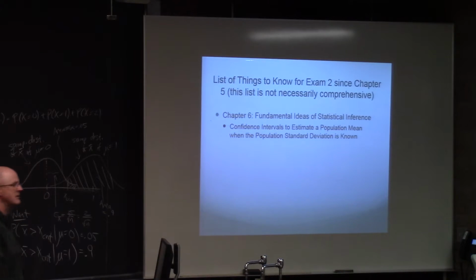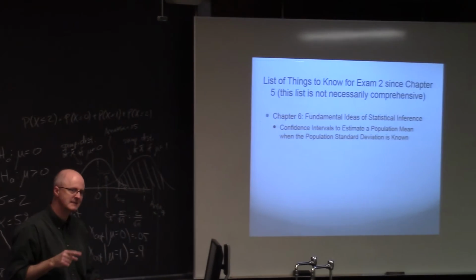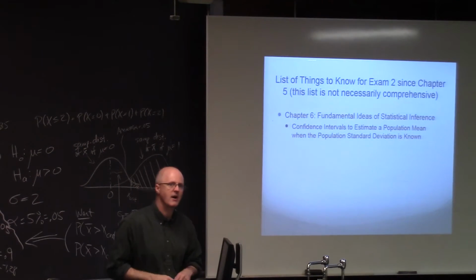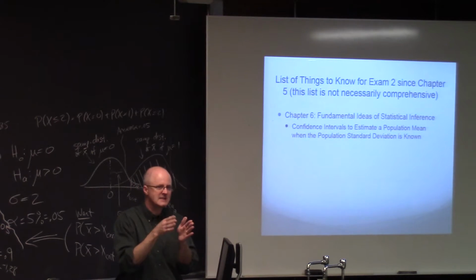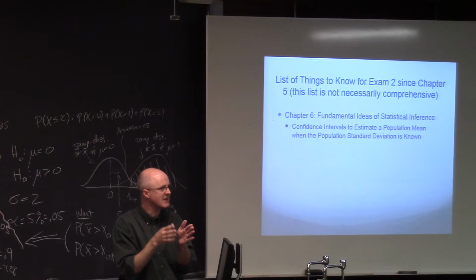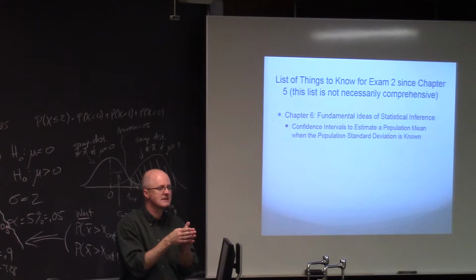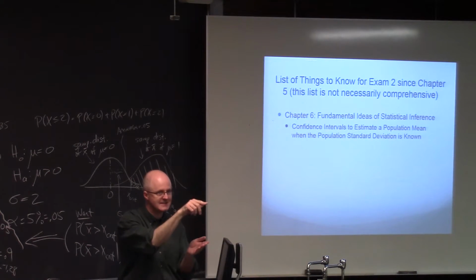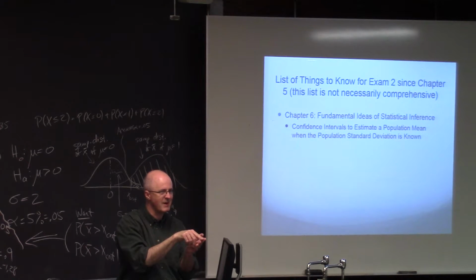When the population standard deviation is known, x bar is the point estimate, plus or minus the margin of error. The margin of error is a special number, which in chapter 6 is a z star when you know sigma, times sigma sub x bar, that is sigma over square root of n. Got this in your mind? No time to write it down? Tracking with me?